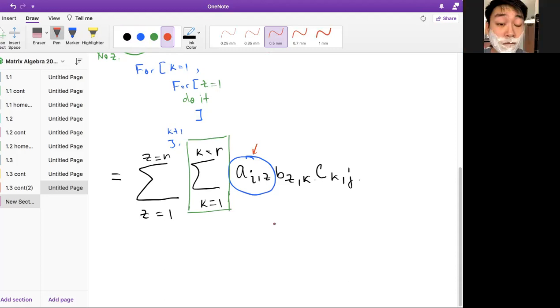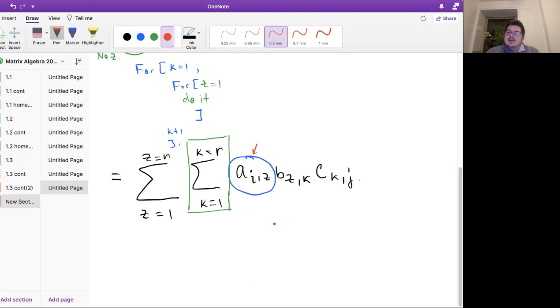Does the A_IZ change when I run from K equals 1 to R? No. So what is that like when you normally do addition? What can you do if every term in the sum has the same factor? It's a constant, so you can pull it out. So let's do that.